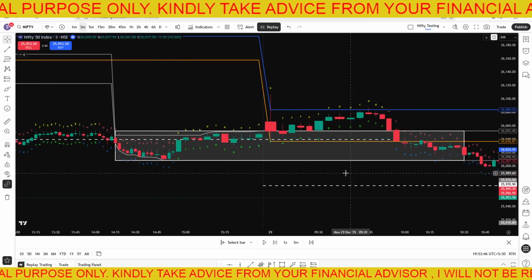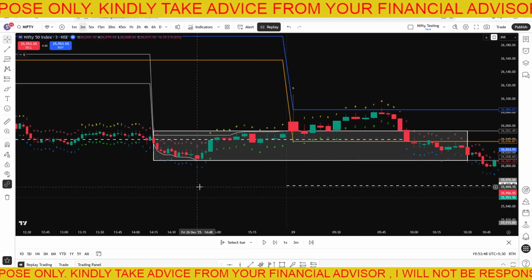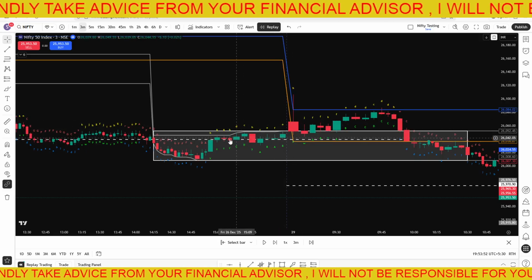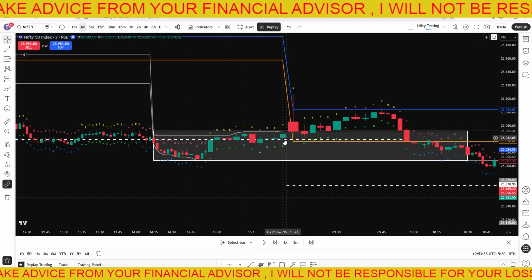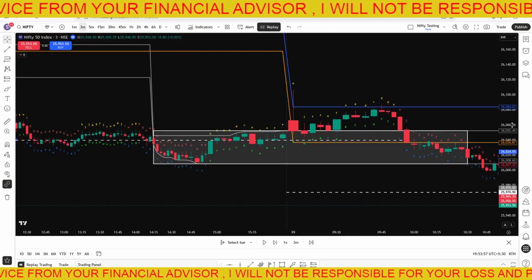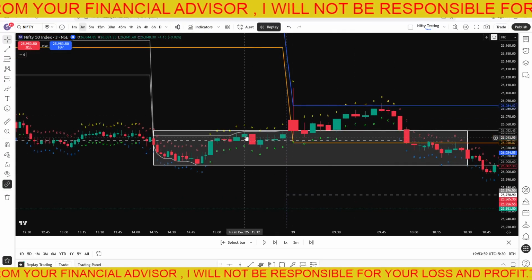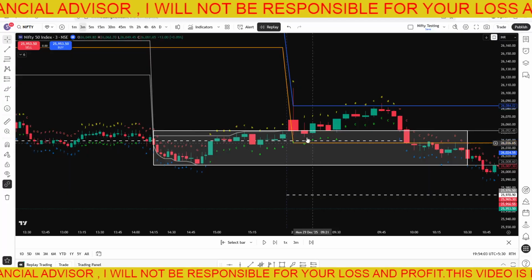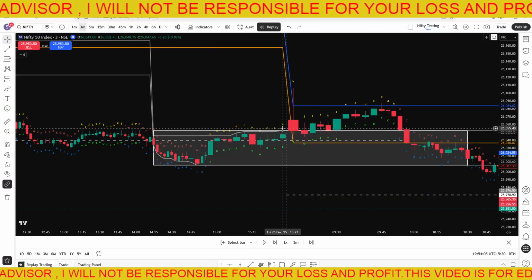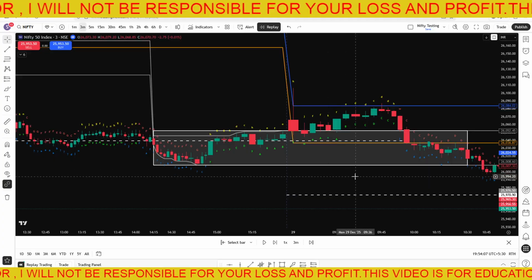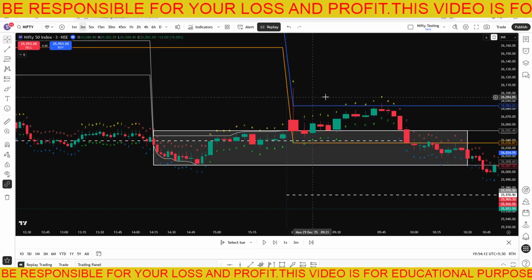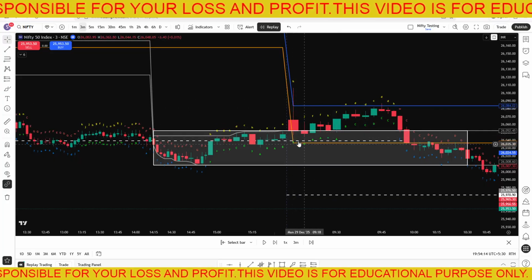Okay, let's see what is happening. Price is above this POC, the previous day POC dash line, you can see. Price is above this smart money zone, at the upside. And the pivot, it is within the pivot, right?